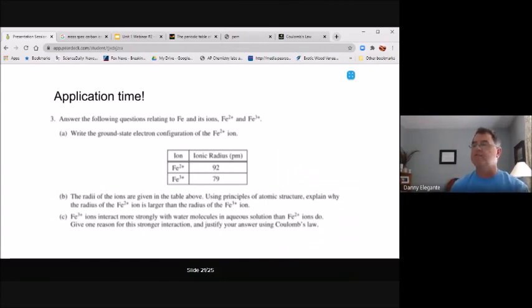Then it gives you a data table, and it says the radius of each one is given. Using principles of atomic structure, explain why the radius of the Fe2+ ion is larger than the radius of the Fe3+ ion.